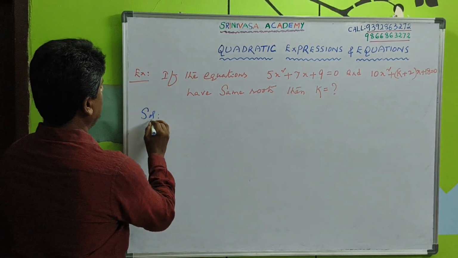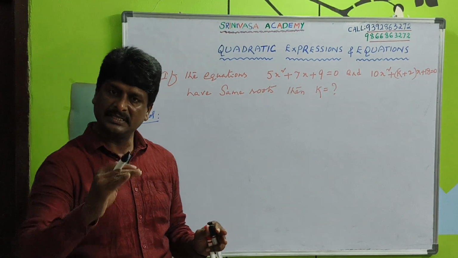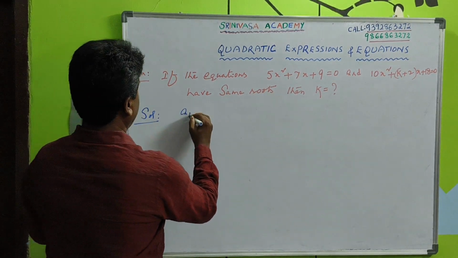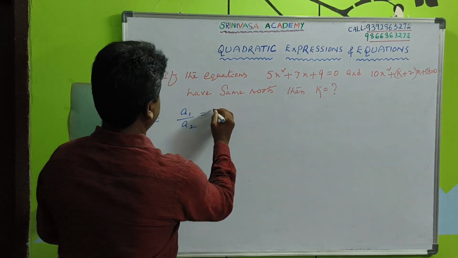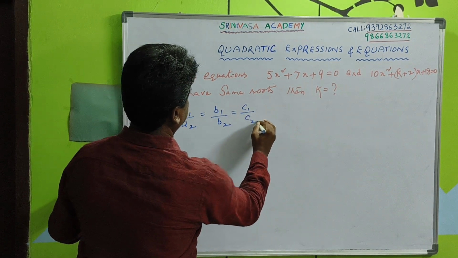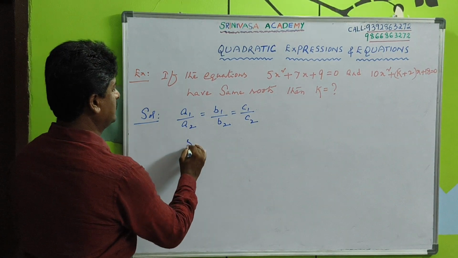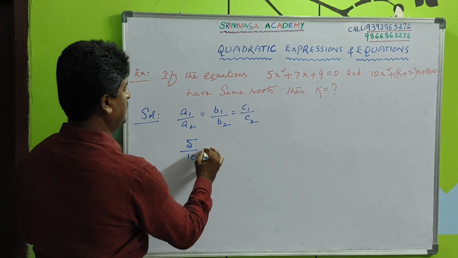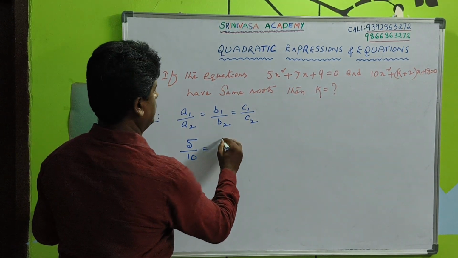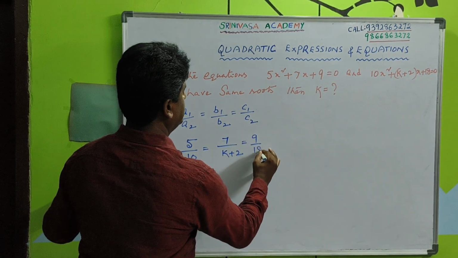See, so far we have discussed if the two quadratic equations have same roots, then the condition. We have seen condition a1 by a2 is equals to b1 by b2 is equals to c1 by c2. a1 by a2 means in both the quadratic equations x square coefficients 5 by 10, b1 by b2 7 by k plus 2, c1 by c2 9 by 18.